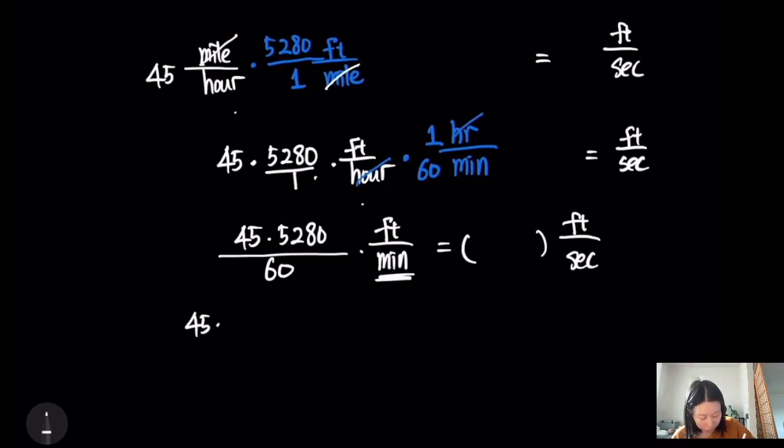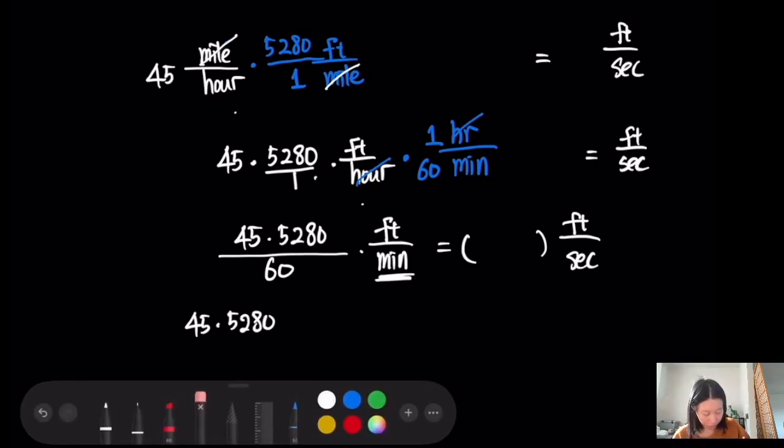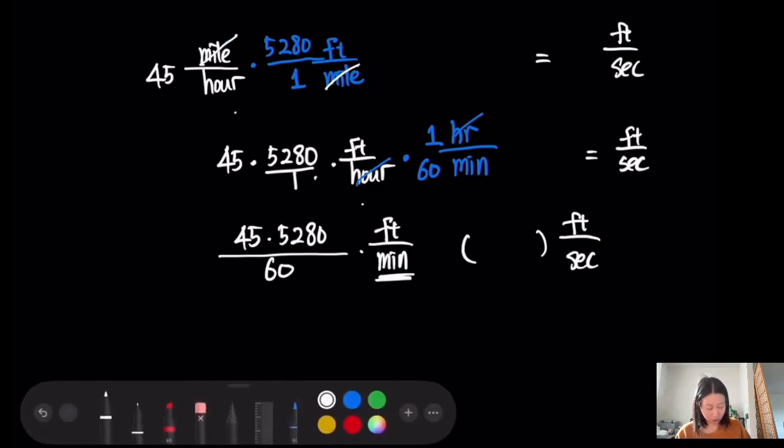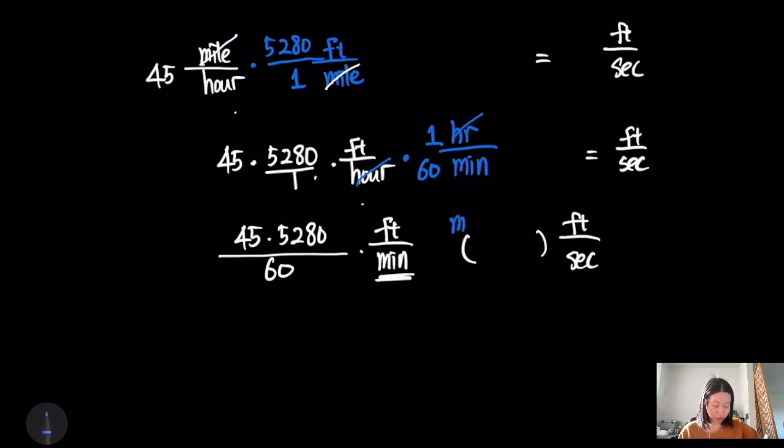So the next step should be, how do we do that? I can just do it on the top. So to do it, I need to have a minute. I want to get rid of the minute and then have a second so that these two, they can cross cancel.